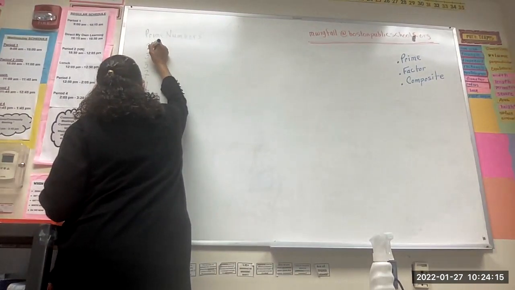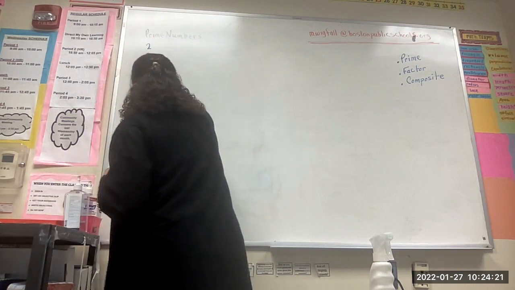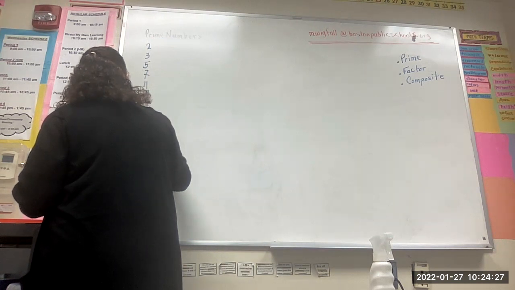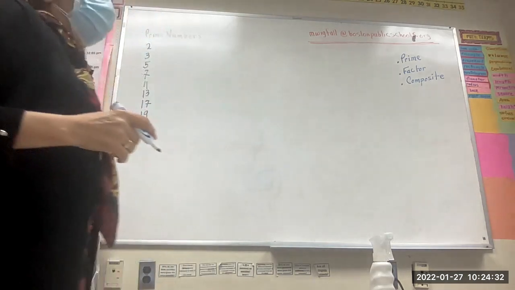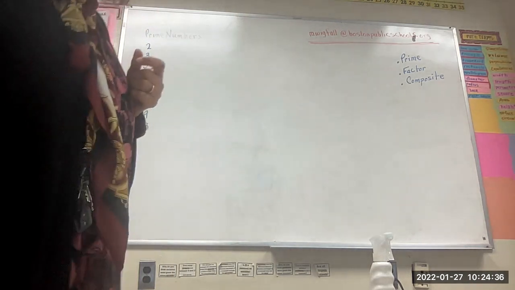We have 2, 3, 5, 7, 11, 13, 17, 19, and 23. And again, those are prime numbers, numbers that are only divisible by one and themselves.